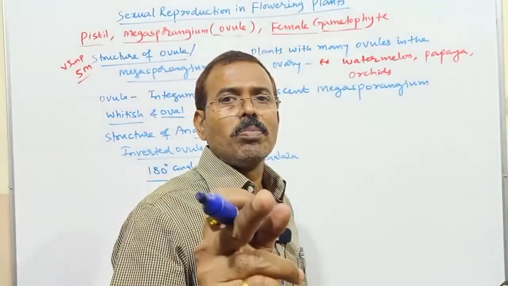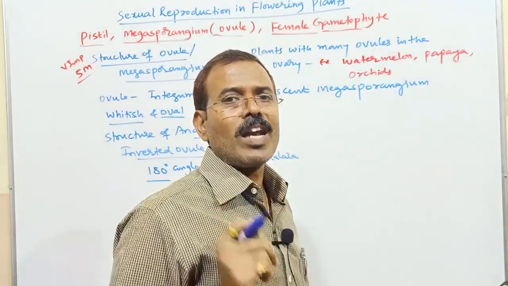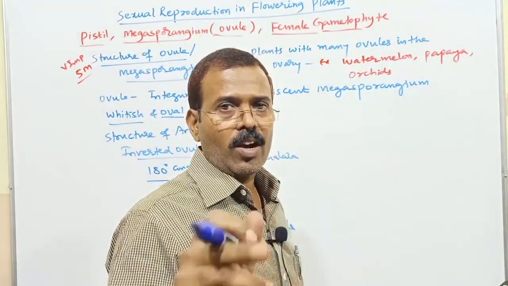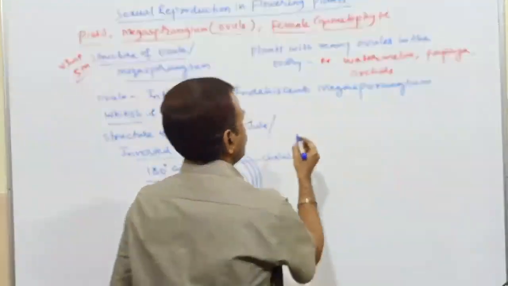Remember, 82% of angiospermic families have this anatropous ovule. Keep it in mind.